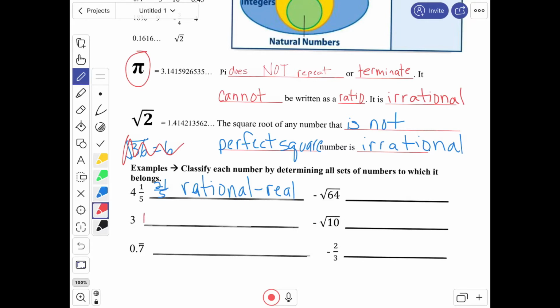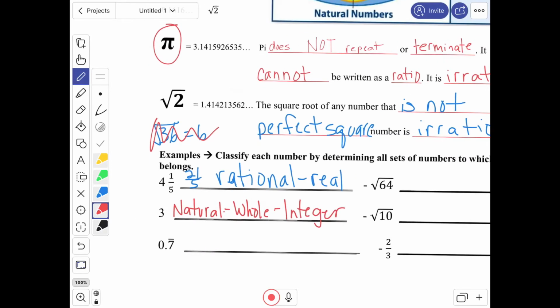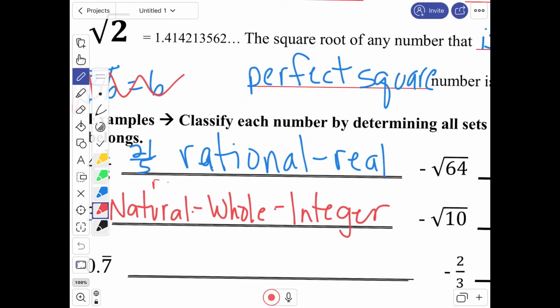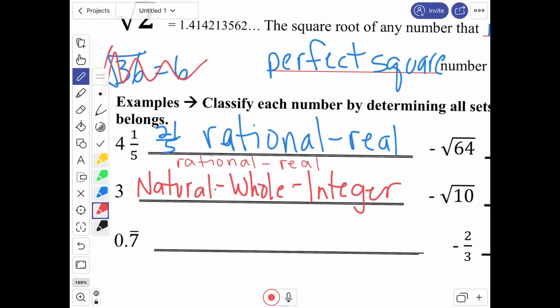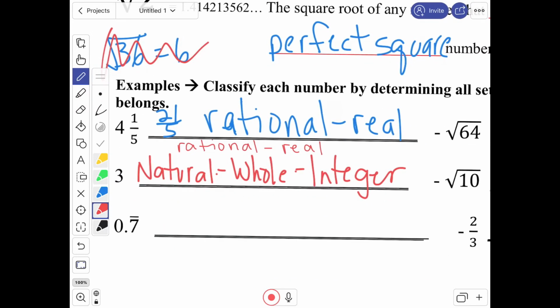3. 3 goes into the tiniest circle. So it is a natural number. And if it's a natural number, it's also a whole number. And if it's also a whole number, it's an integer. And if it's an integer, then it is also a rational number. And if it's a rational number, it's in the big category of real.